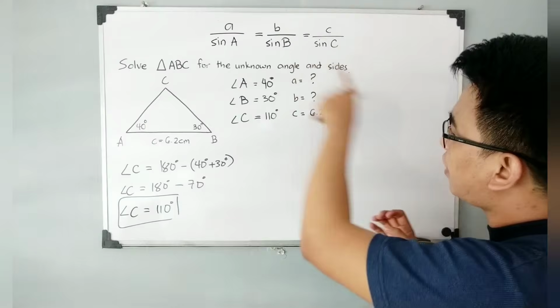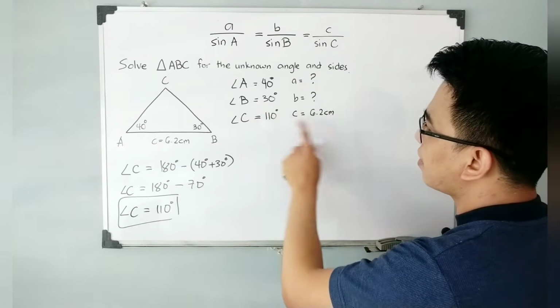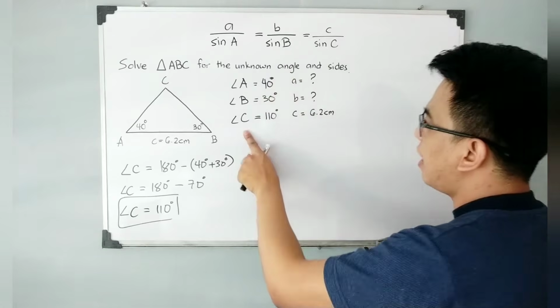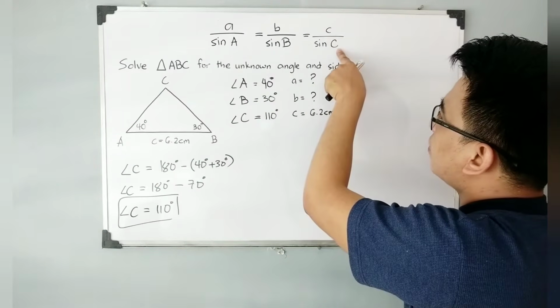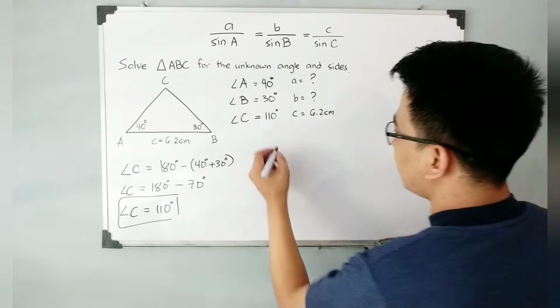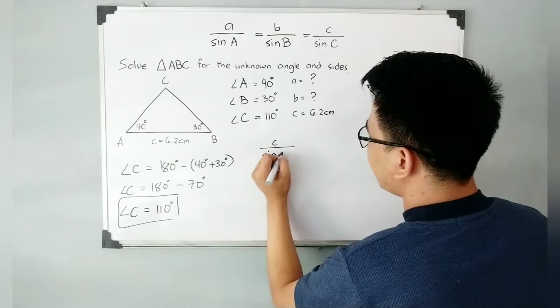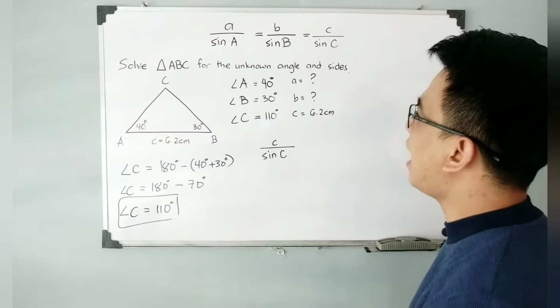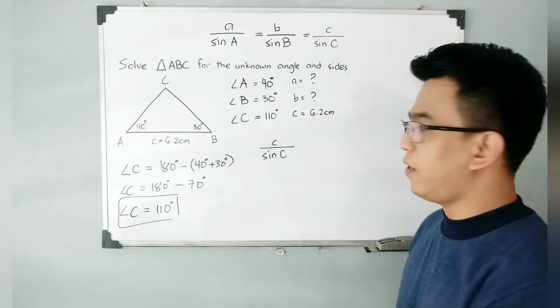So as you can see, dito, ang kumpleto na dito guys ay yung C. Meron tayong angle C at meron tayong side C. So definitely, gagamitin natin tong si C over sine C para hanapin si A o kaya si B. Pero ako unahin ko muna si A. Okay?